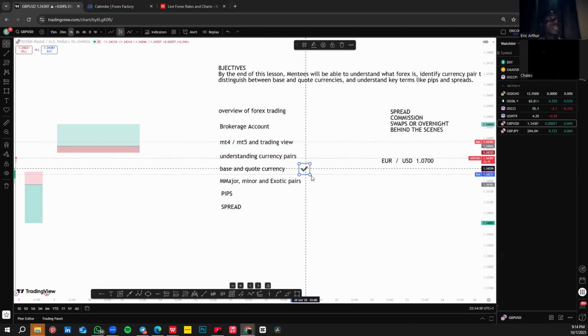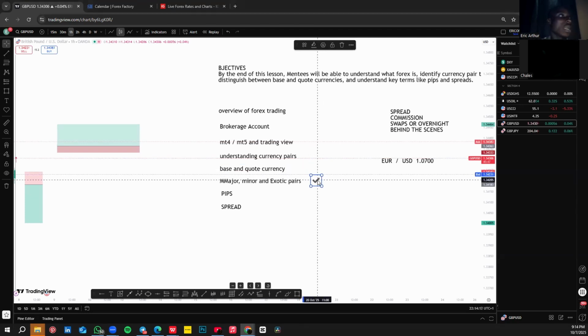Then we have the major, the minor and the exotic pairs. The major pairs are the developed countries' currencies that are traded in pairing with the US dollar. That's very easy to understand that way.